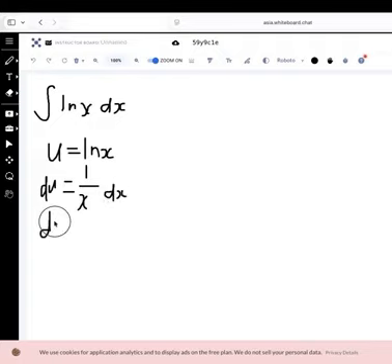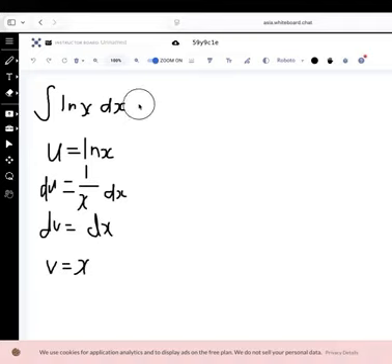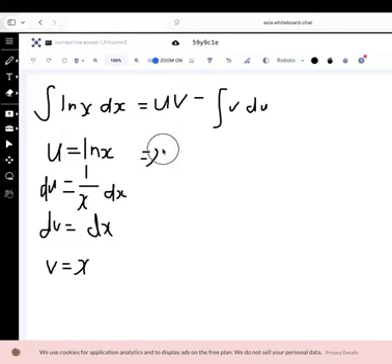And our dv will be equal to dx, and so our v will simply be equal to x. It's like the d's cancel. And we'll use the formula uv minus the integral of v du. And u will be ln x. Actually, I'll write down v first, so it looks nicer.